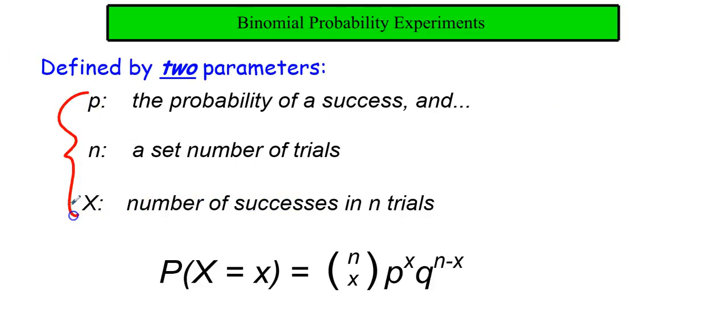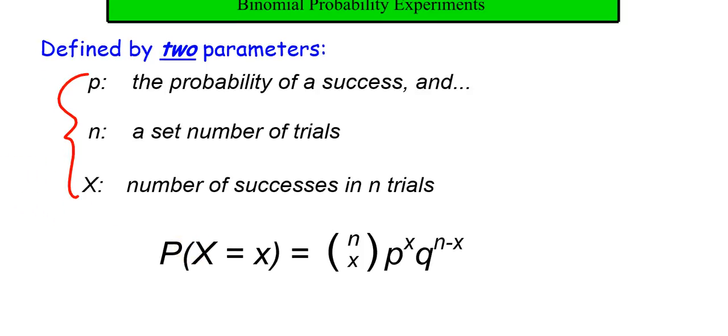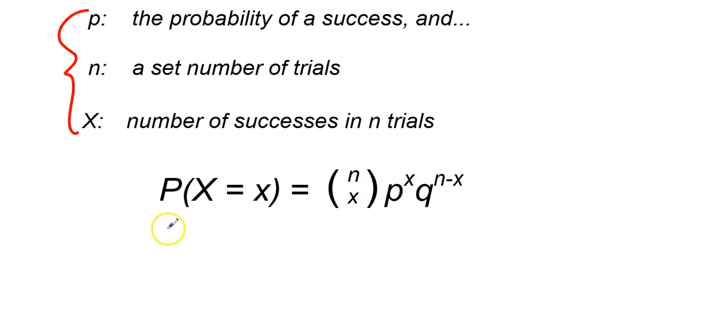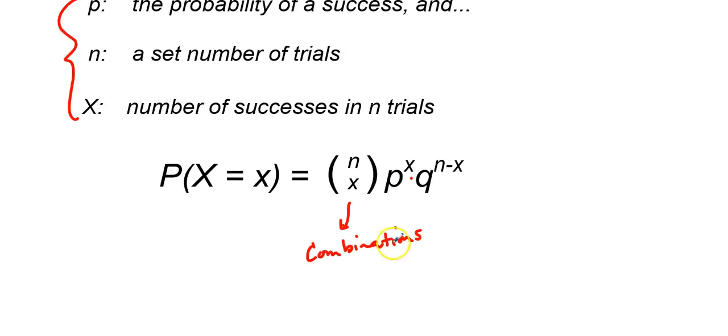So here are your variables, P and N and X. In order to calculate a particular probability, we can follow this expression here. This is called a combination. We're looking for all of the different ways that a particular scenario can play out, or all of the different ways that we can arrange particular objects without regard to order. The formula, if you need it, is n factorial over x factorial times n minus x factorial.